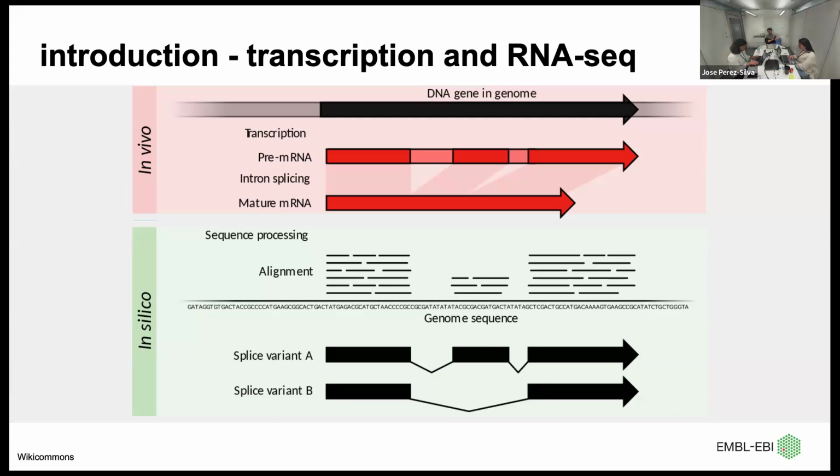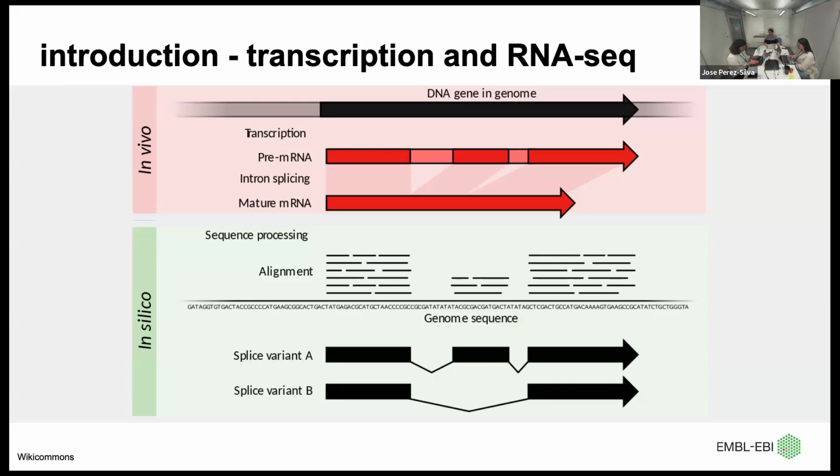Essentially, what we are capturing is what a specific cell or a specific group of cells is working on at a given moment. We sort of freeze that into a library of short reads that we can then process and see how they would have behaved. So we can align them to the genome to see what they were processing, for instance.